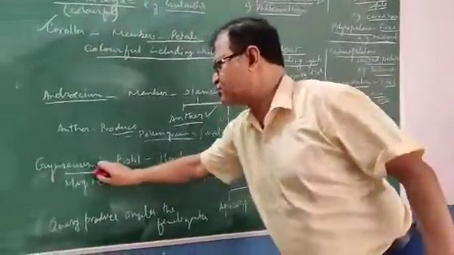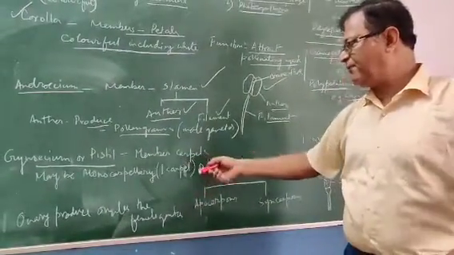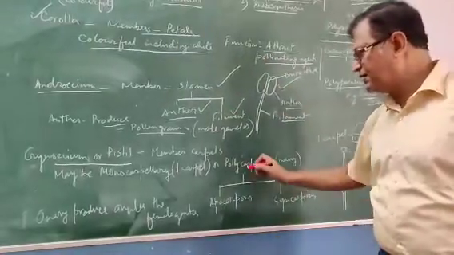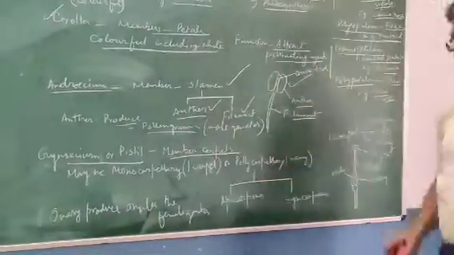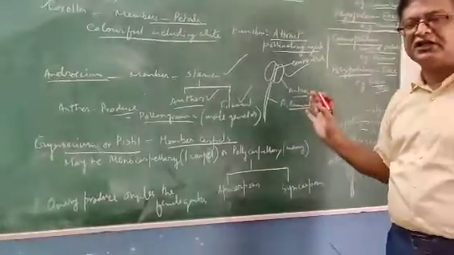Gynoecium or pistil is the next one. This gynoecium may be made up of one or more than one member. Each member is called a carpel. In nature there is much variation in gynoecium.